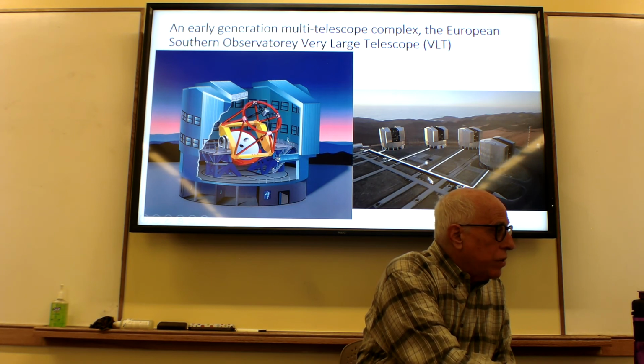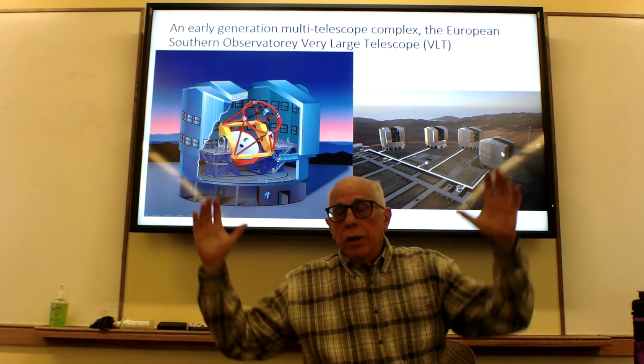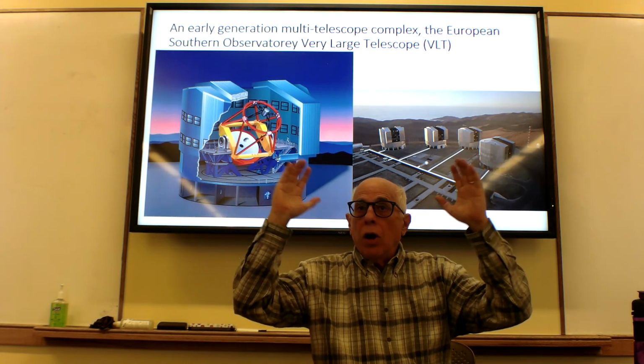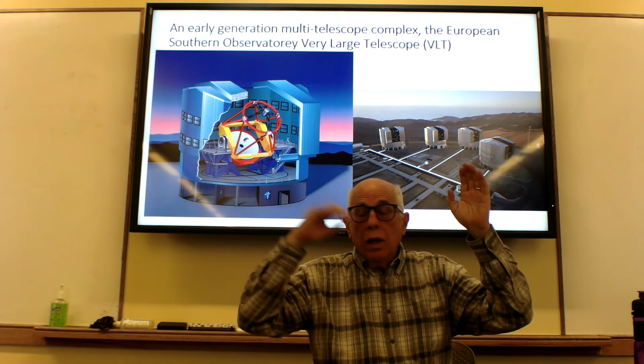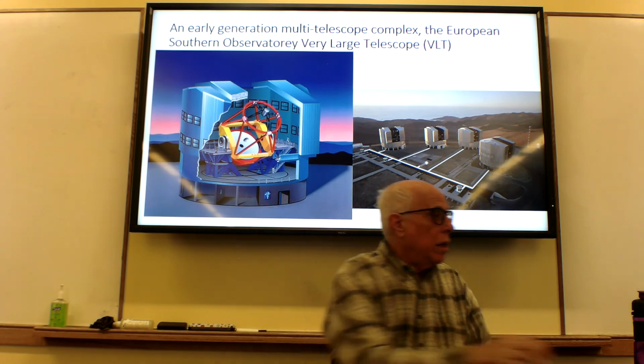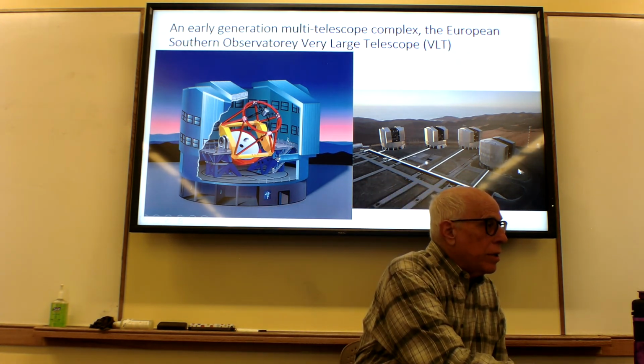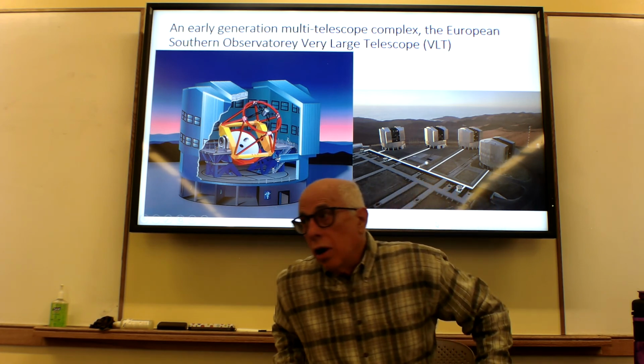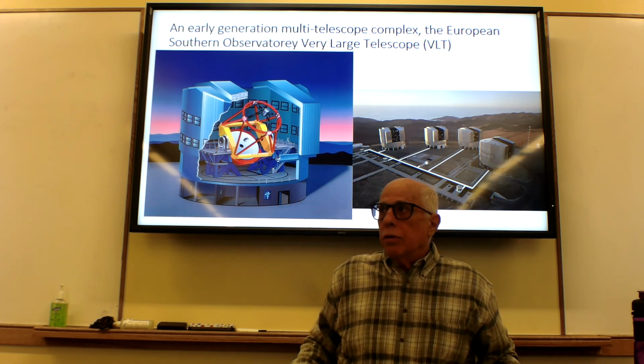These white lines show you, hard to see, but there's a little mirror here, and here, and here. So by building an array of independent telescopes and focusing them all on the same object, we can simulate a telescope the size of the mountaintop here. And this is called sparse aperture interferometry.